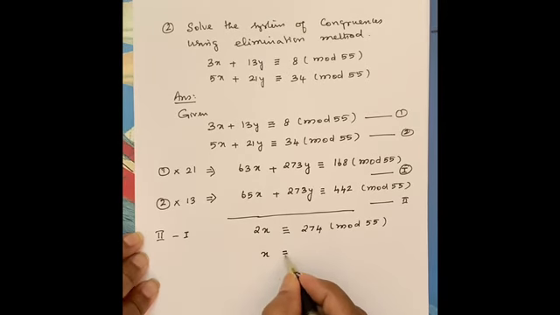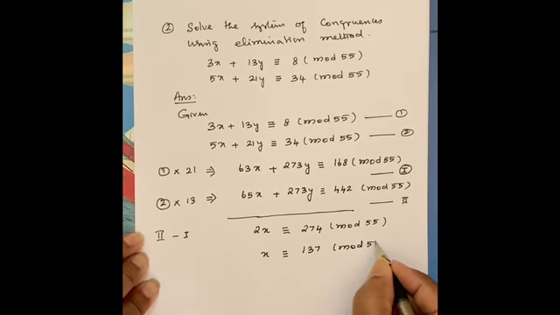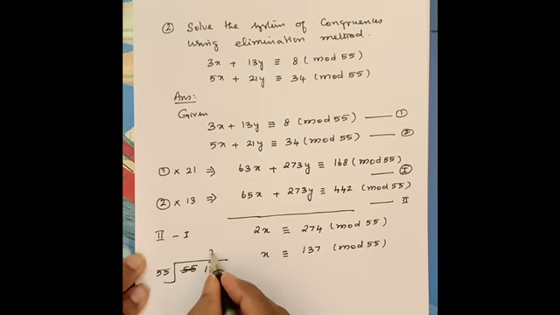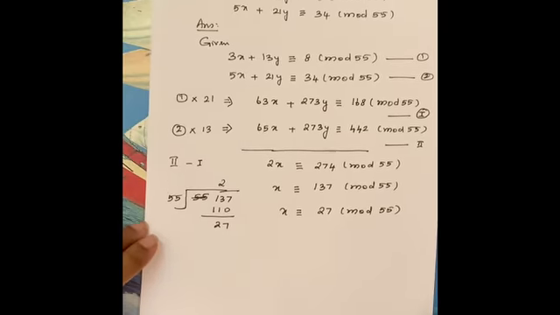So x congruent, divided by 2, 137 modulo 55. 137 is more than 55, so I am dividing 137 by 55. 2 times 55 is 110, remainder is 27. So x congruent to 27 modulo 55. So the x value we calculated.